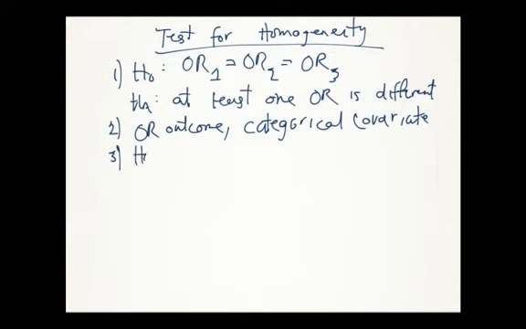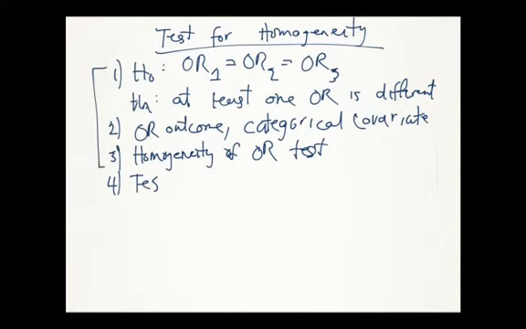So the test we're going to do is this homogeneity of odds ratios test. Remember, these first 3 steps we can do without Stata, but starting in step 4 we need our output from Stata.